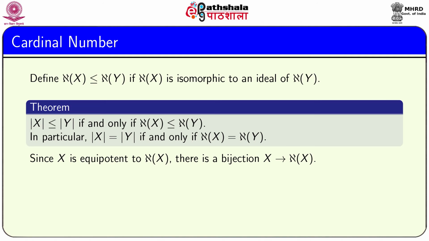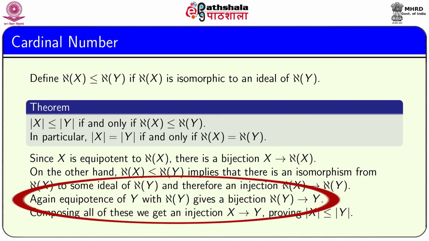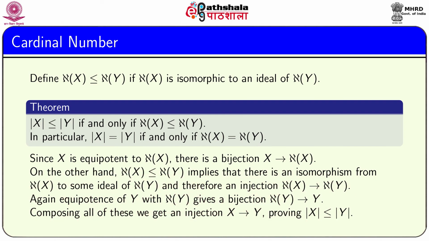Since X is equipotent to aleph X, there is a bijection from X to aleph X. On the other hand, aleph X less than or equal to aleph Y implies that there is an isomorphism from aleph X to some ideal of aleph Y, and therefore, an injection from aleph X to aleph Y. Again, equipotence of Y with aleph Y gives a bijection from aleph Y to Y. So, composing all these, we get an injection from X to Y, proving that mod X is less than or equal to mod Y.